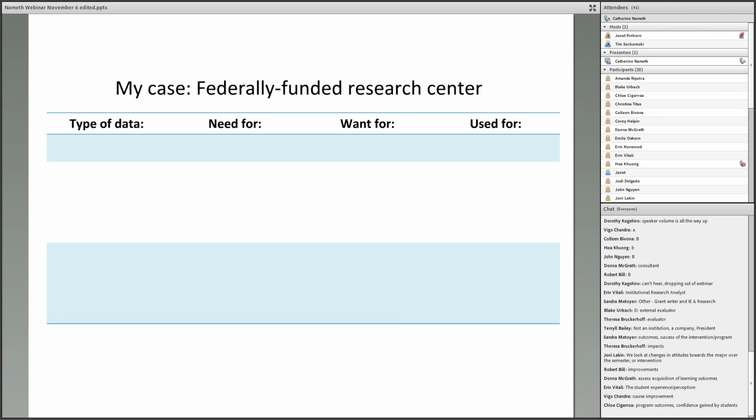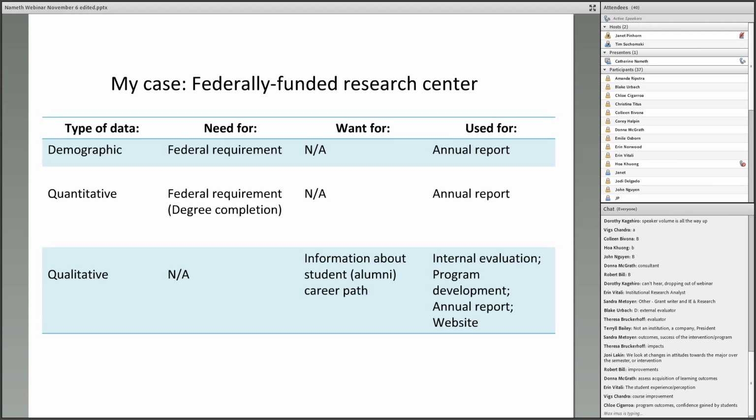So I'll just give you a quick example. In my case, at a federally funded research center, this is how I would fill out this chart, very briefly. Here I'm looking for 3 types of data: demographic, quantitative, and qualitative. If you follow along with me, reading from left to right, the demographic data is a federal requirement. So I need that data.